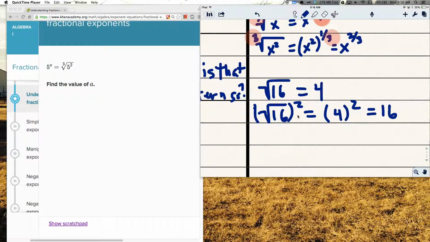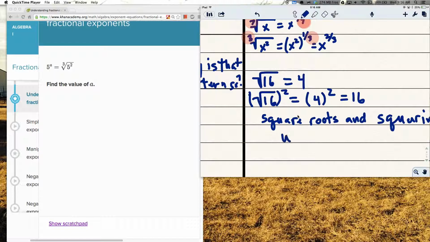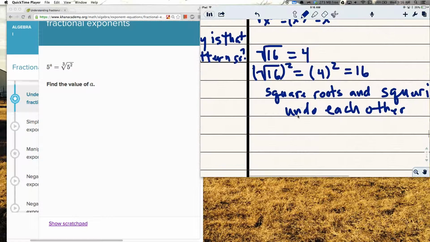And so I'm going to write: square roots and squaring undo each other. They are opposites, like addition and subtraction. And so the same thing's going to be true of taking the cube root of x and raising it to the 3rd power. They're just going to undo each other, and so I'll get x back.